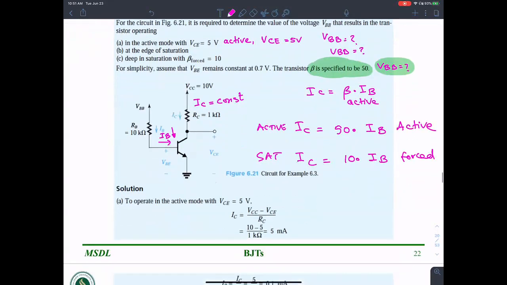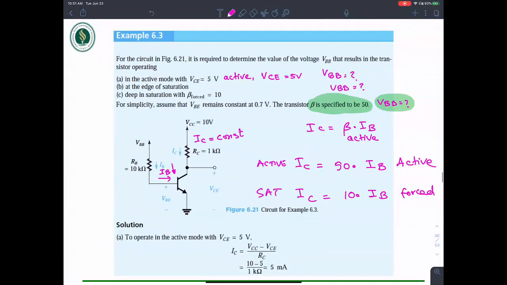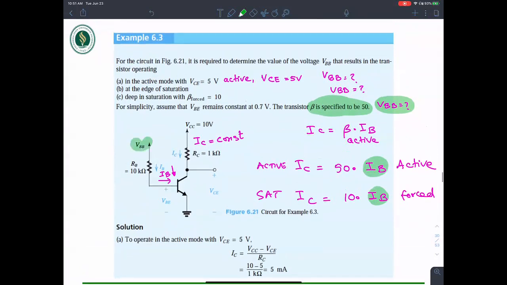So if you want the same amount of collector current IC, this IB can be 5 times smaller than that IB. The active-region IB needs to be much smaller, and as a result this VBB will be much higher for the forced value compared to the VBB for the linear region.